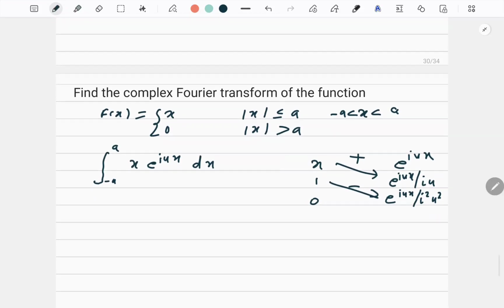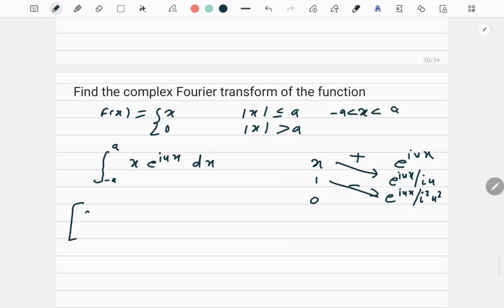So I am left with x e to the power iux upon iu minus e to the power iux upon i square u square, from minus a to a. Let me put the limit.